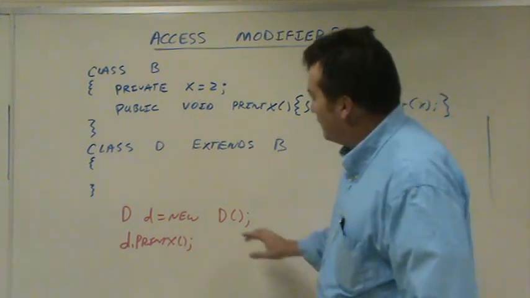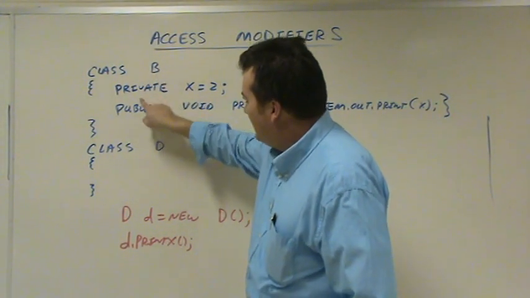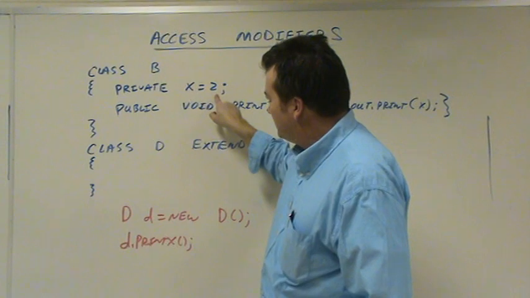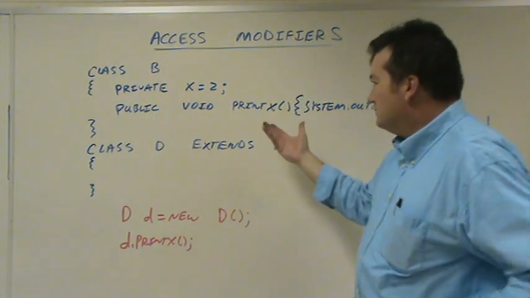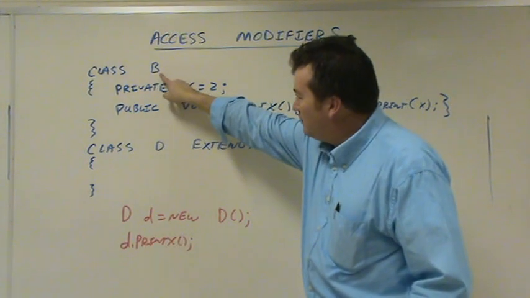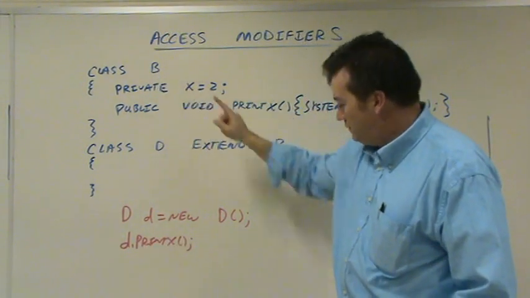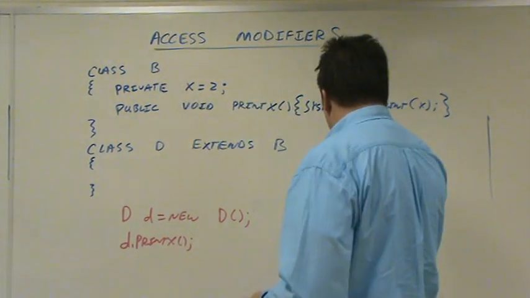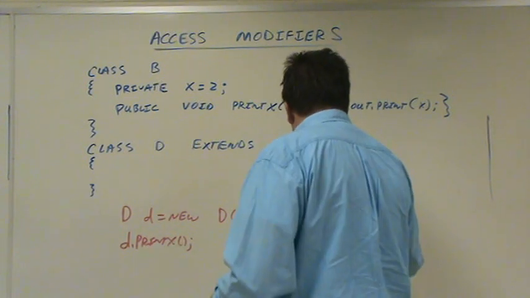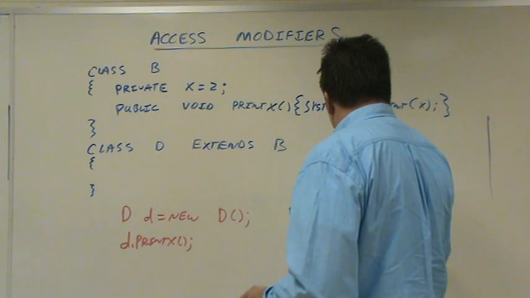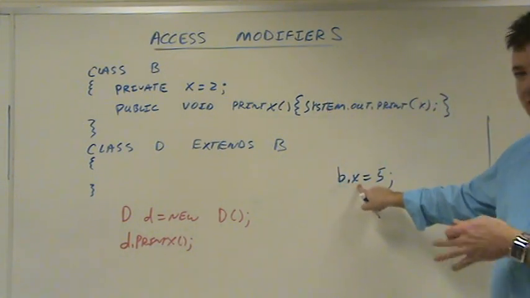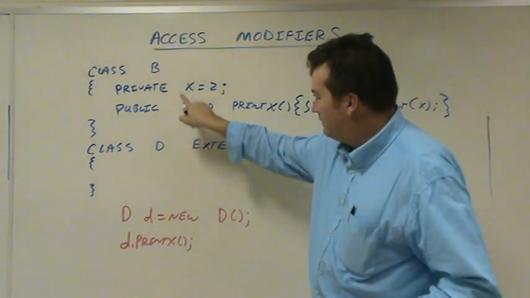So, just a little review. We have a base class, class B, that has a private field X and a public method print X. So obviously if you created an object of type base, you couldn't create an object B and say b.x equals 5, because you're not allowed to directly access X, it's private.